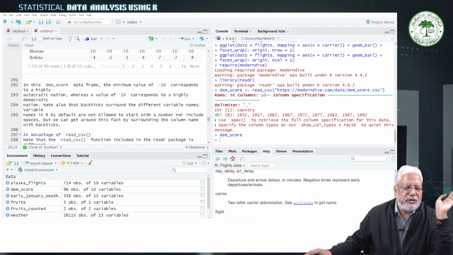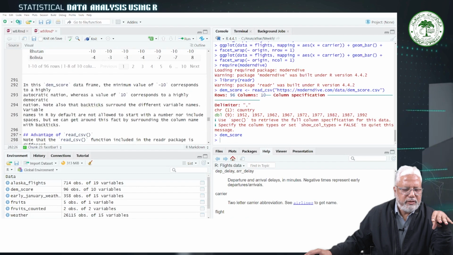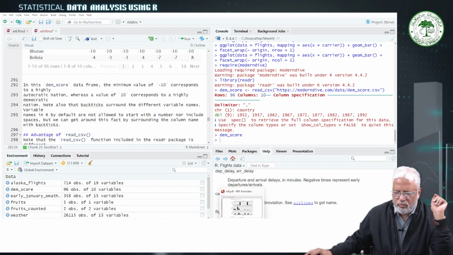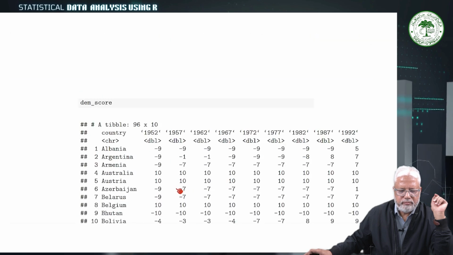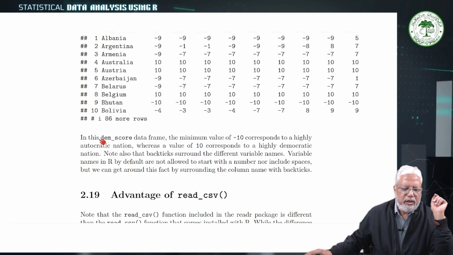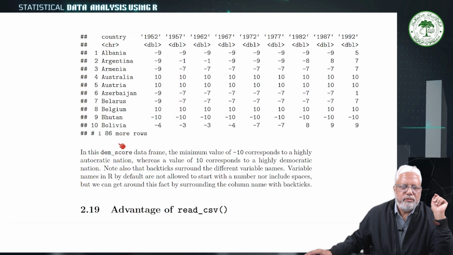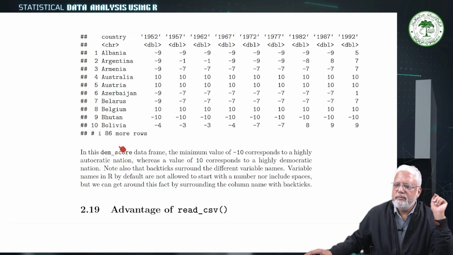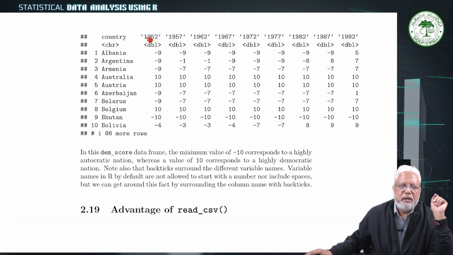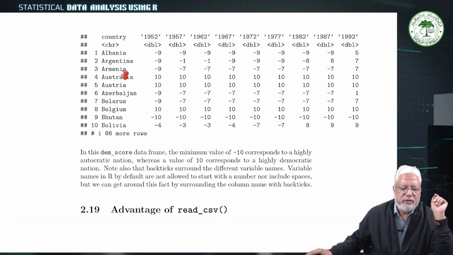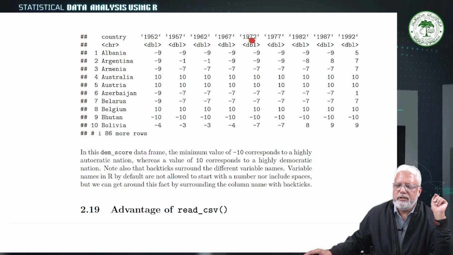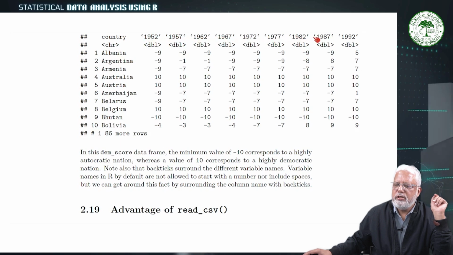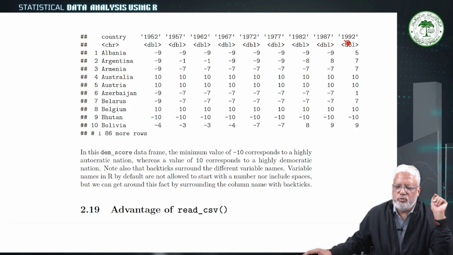In this dem_score data frame, this is a kind of table with country, and then 1952, 1957, 1962, 1967, 1972, 77, 82, 87 and 92.